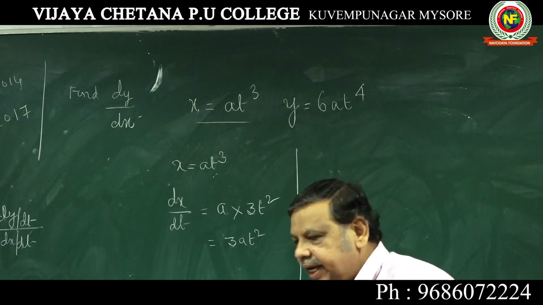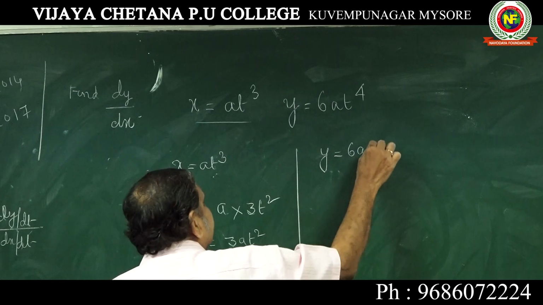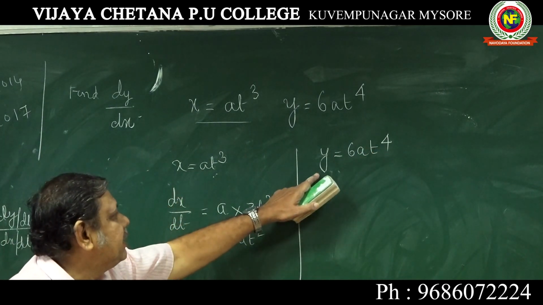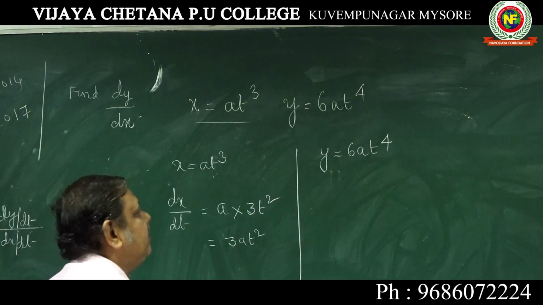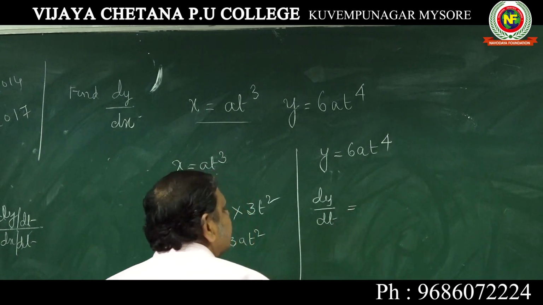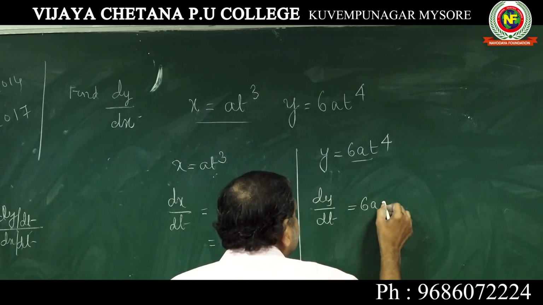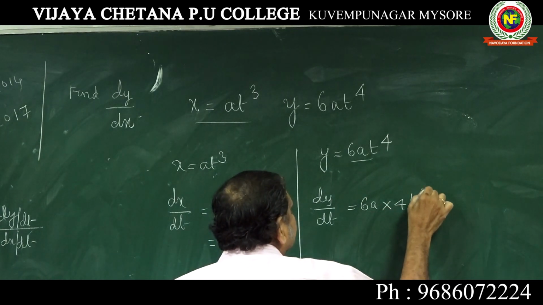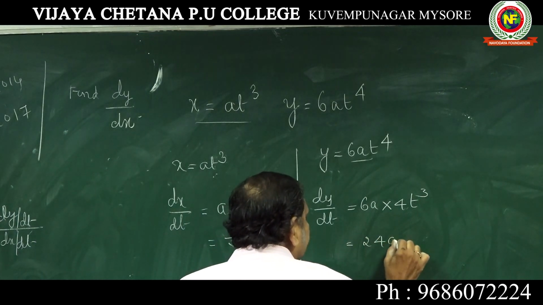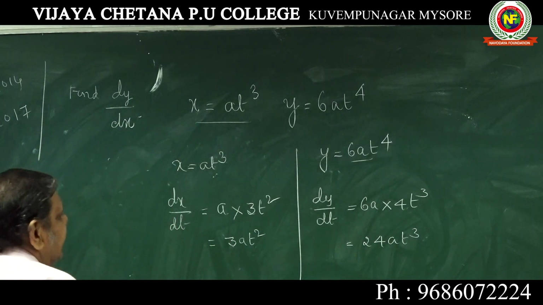This is about x. Now y is equal to 6a t to the power of 4. Okay, now differentiate with respect to t. dy by dt is equal to 6a as it is into 4t cube. This will become 4t cube, or it is 24at cube. It is 24at cube, and this is 3at square.